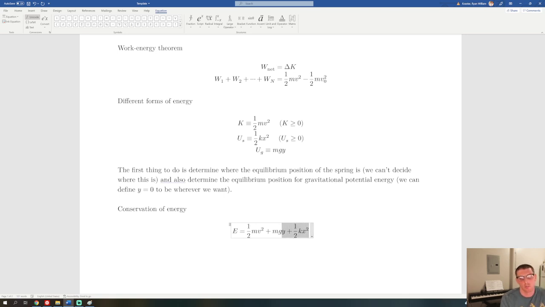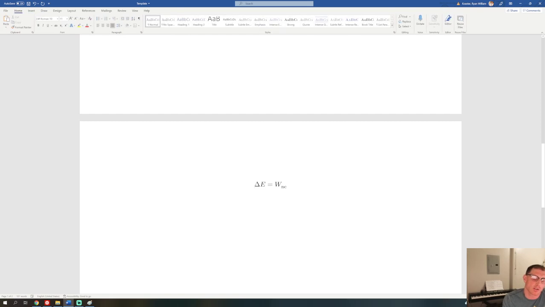Or maybe more generally, it's just K plus the gravitational potential energy plus the elastic potential energy. And so when you notice that there's a change in mechanical energy, you want to look, right? If some object initially has some mechanical energy at some point, and then at some later point in its motion, it has a value of mechanical energy that's numerically different, we know that there's a non-conservative force or multiple non-conservative forces doing work on it.